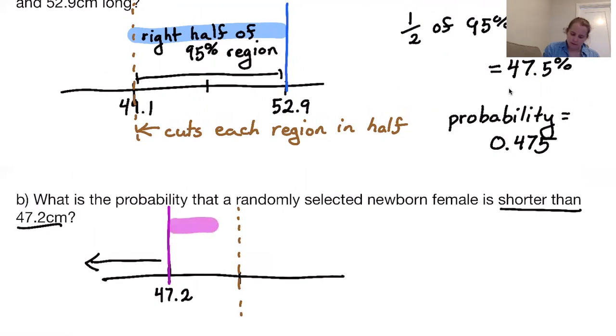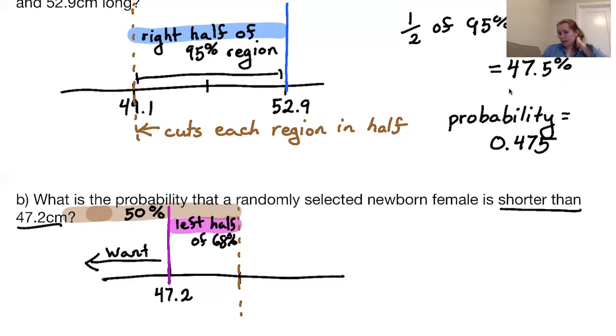So this right here is the left half of the 68% region. And the other information we have is the only thing that goes forever to the left is that brown region we had. So going forever to the left was 50%. So we want this part.